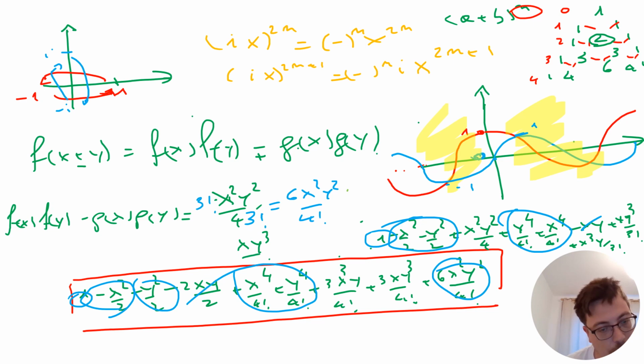And also we got terms like xy cubed over 3 factorial, and if we multiply them by 4 and divide by 4 in the same amount, because otherwise we are changing the number, we get exactly this number here down there, and so on.